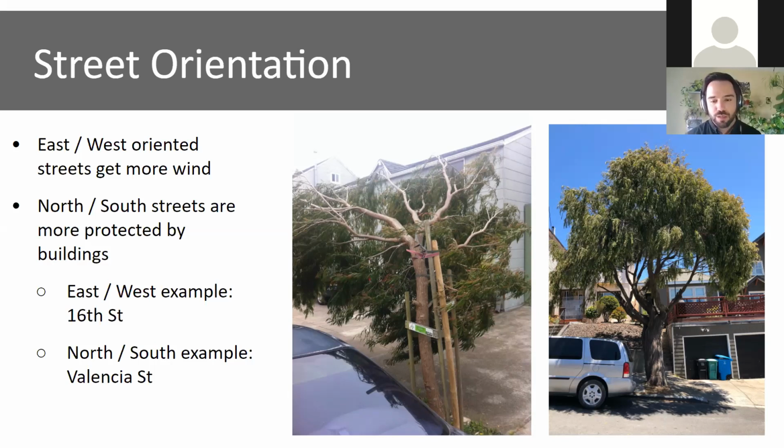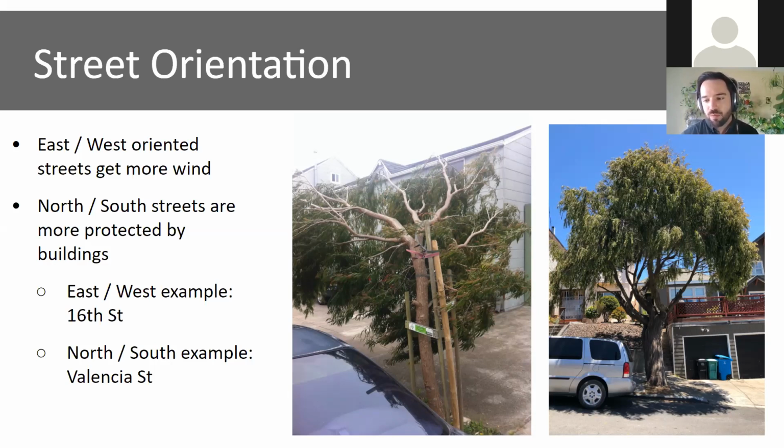So these photos here are of the same species, Agonis flexuosa, a peppermint willow. One of them is planted on an east-west street, on Flood Street, right next to City College, in the Alemany Gap area. If you're familiar with that, it's an area that's known for being a huge wind corridor.